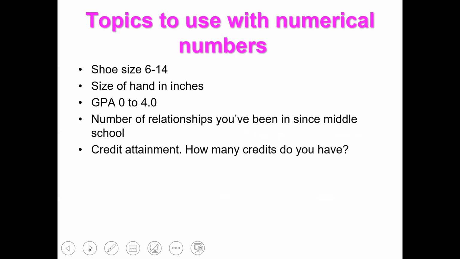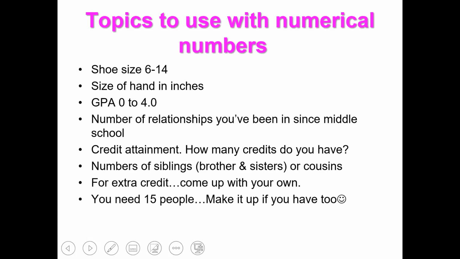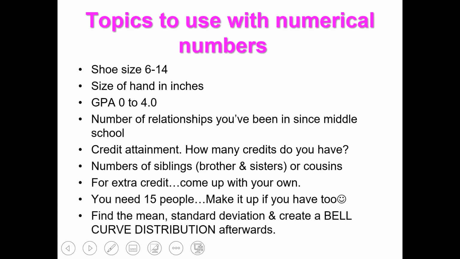Credit attainment, how many credits you have. Number of siblings, brothers and sisters or cousins. You could do any of that on your own. You will need to find 15 people, make it up if you have to. Find the mean, standard deviation, and create a bell curve distribution afterwards.